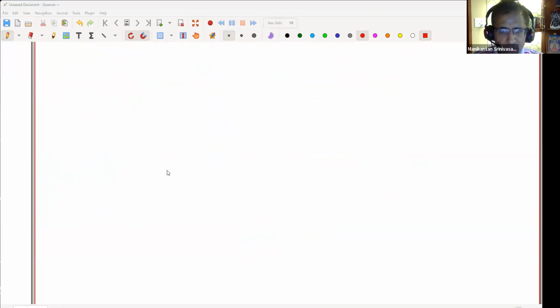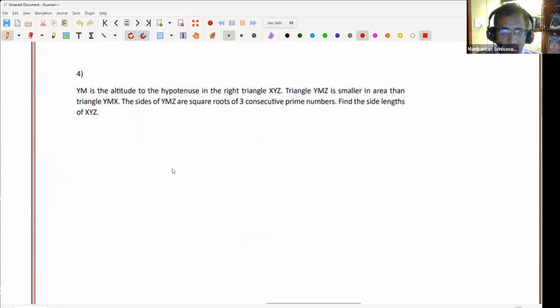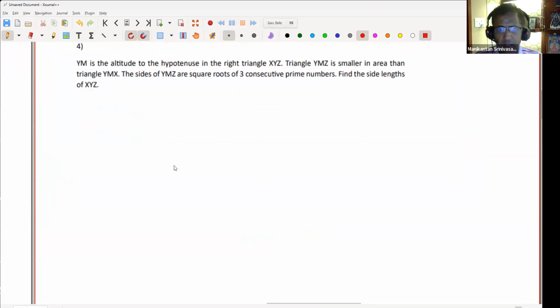Which is question 4. YM is the altitude of the hypotenuse. Let me just paste it here. YM is the altitude of the hypotenuse in the right triangle XYZ. Triangle YMZ is smaller than the... Okay, let's first draw this triangle.